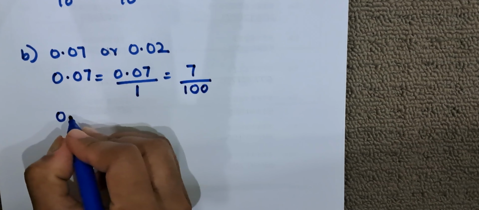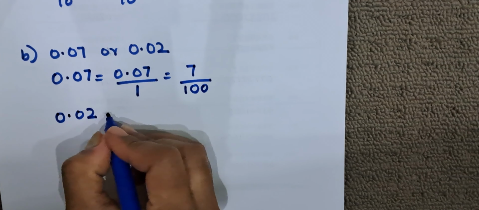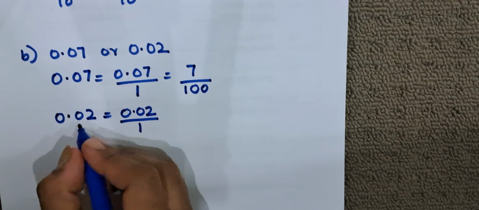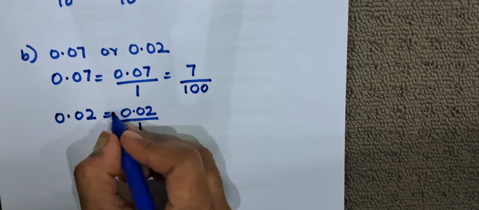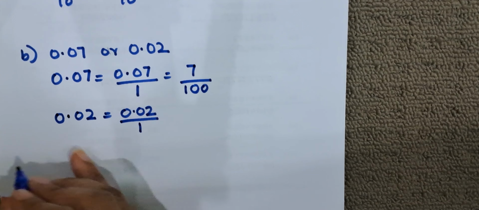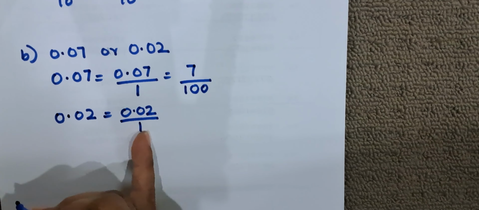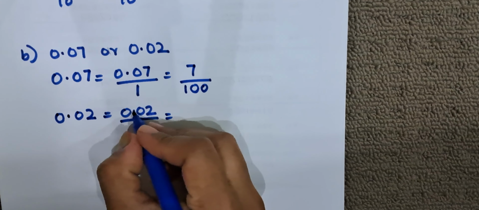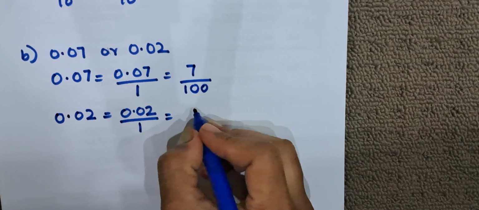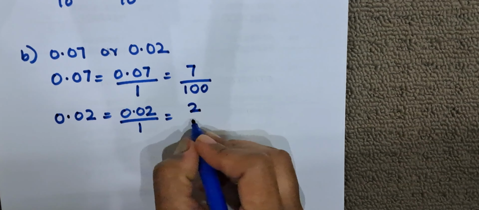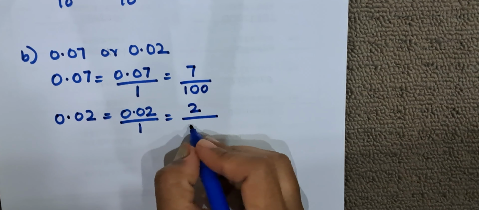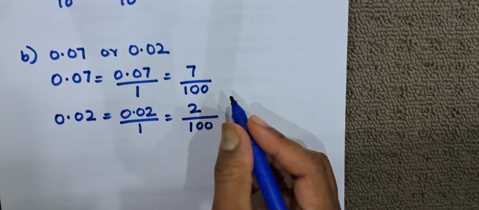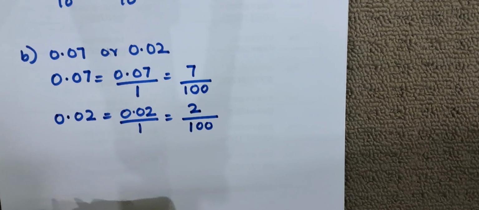Now similarly, 0.02. That means 0.02 divided by 1. Now we will shift the decimal point to the right hand side, 1 and 2 times. So it becomes 2, and we have to add 2 zeros here. So the denominator becomes 100, and the number becomes 2 upon 100.